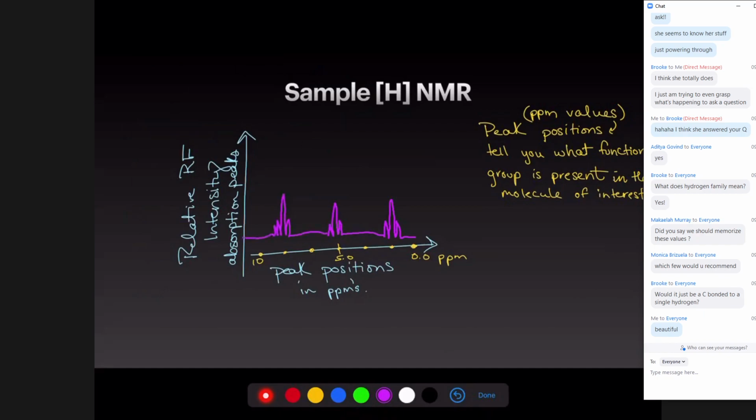HNMR is really supposed to tell you what protons are in the area of your molecule. And this is, like I said, a really bad drawing, but we will go over more in office hours if you need to. So that's what you would see if they gave you an HNMR spec on the exam. Hopefully a little better drawing than that.